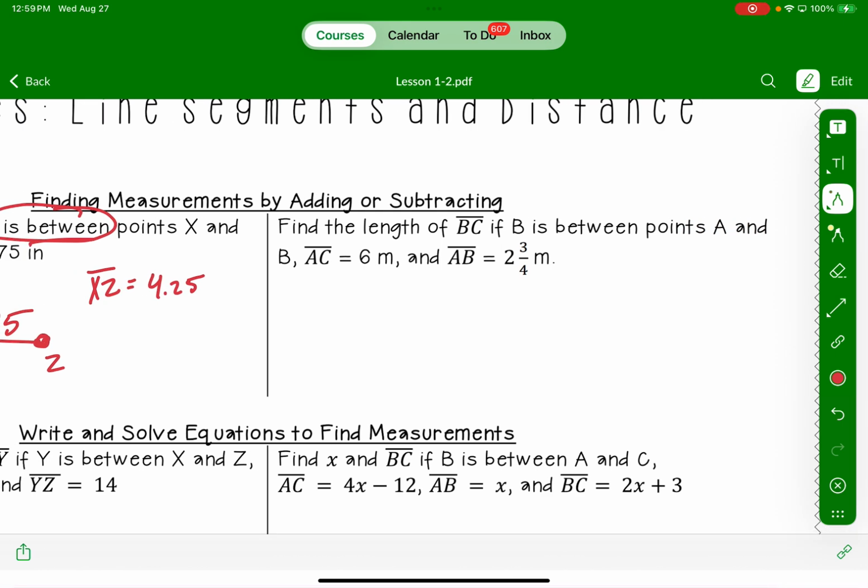All right, next problem, and there's a little typo on this one. We're going to cross out that B, and over here we're going to put a C. So it says find the length of BC if B is between points A and C. Our first step is going to be to draw that picture. We know we have a line segment.